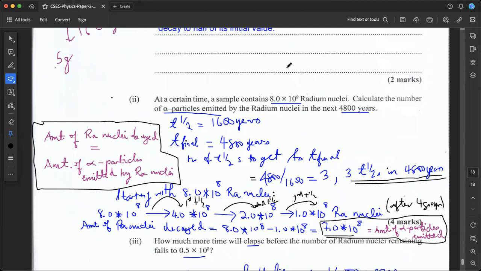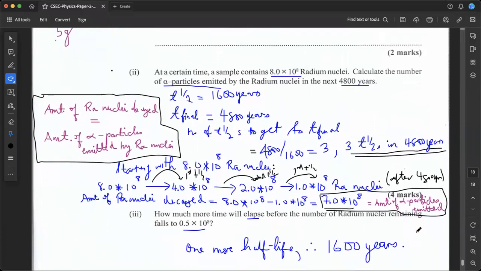To do that, you just have to find out how much radium nuclei actually decayed. We found how much we would have at the end point, but if I ended up with this and started with this, then this is how much decayed, and by extension, the amount of alpha particles also emitted. So that's that one for 4 marks.